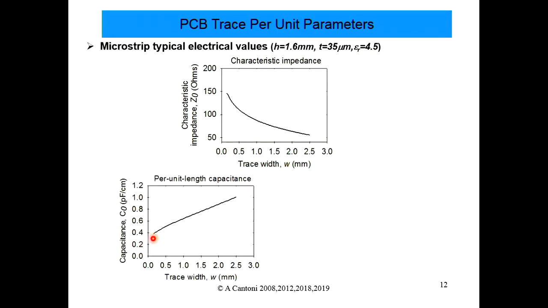You can see the capacitance per unit length increases as you make it wider, okay? And that should be obvious as well, because as the wire becomes wider, you effectively make the parallel plate capacitor between the ground plane and the signal wire bigger, okay? So obviously you're going to have more capacitance, okay?